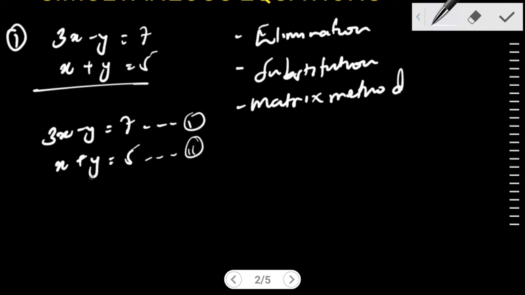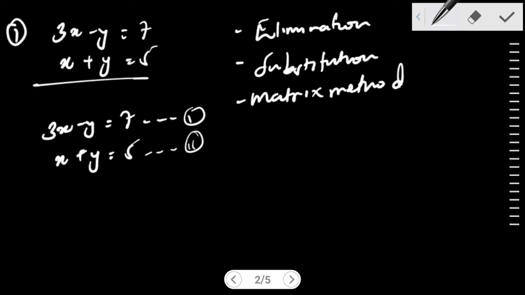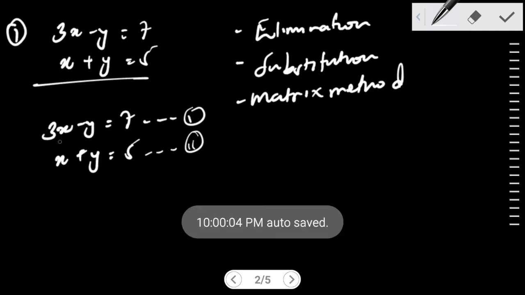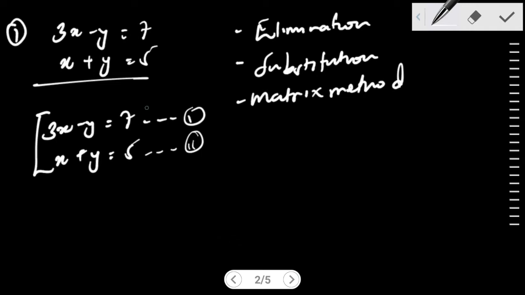If you look at y and y in the other, they have equal coefficients, and therefore they can be easily eliminated.